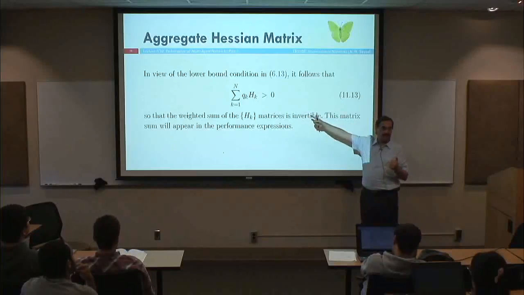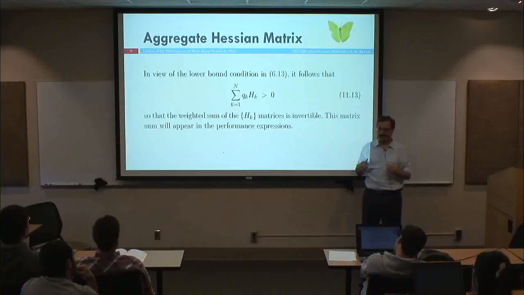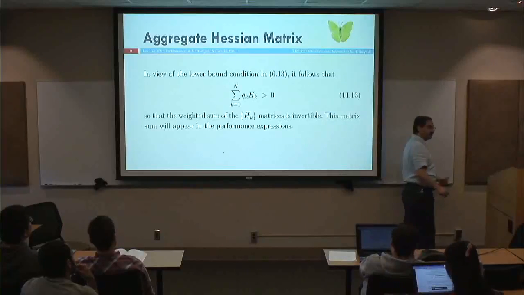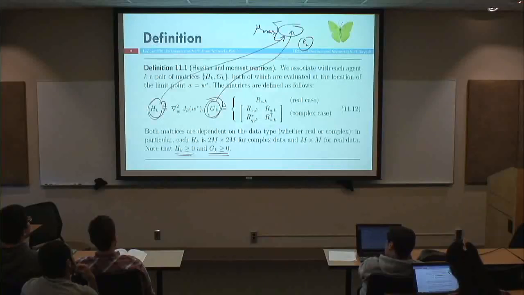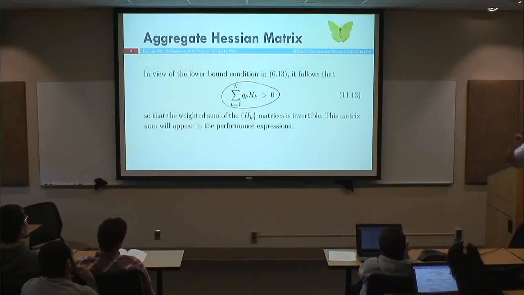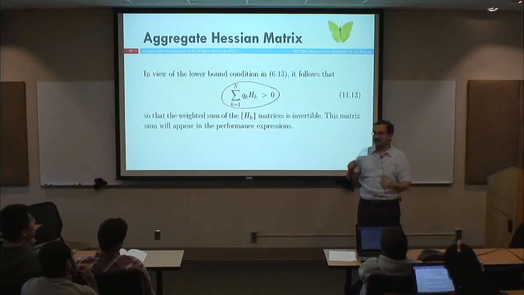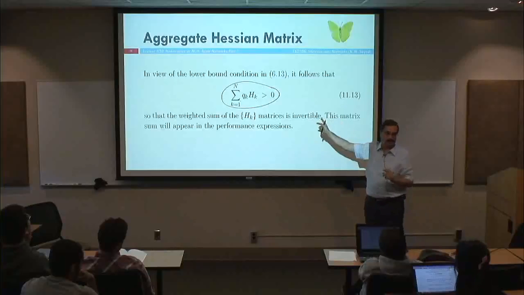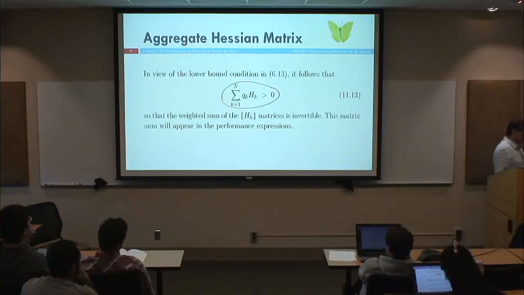The Q's are positive numbers, so obviously the sum of the Q times the H's will also be strictly positive, okay? So this condition holds because, why am I saying this? Because in this expression that I'm going to tell you, this quantity will appear inverted, and you will need the trace of that. So the inverse exists. That's all. So when you see that inverse, don't worry about it. We know it exists, okay?